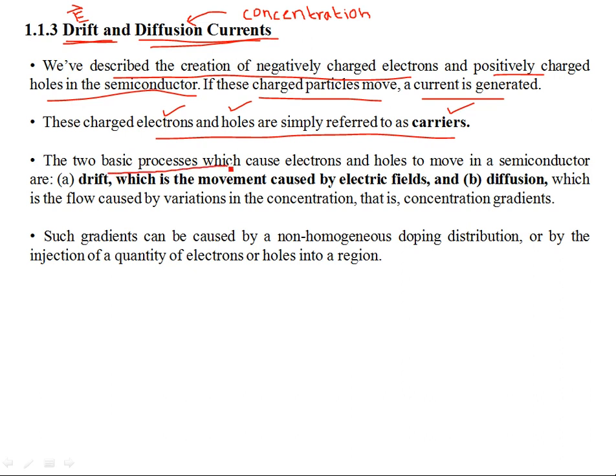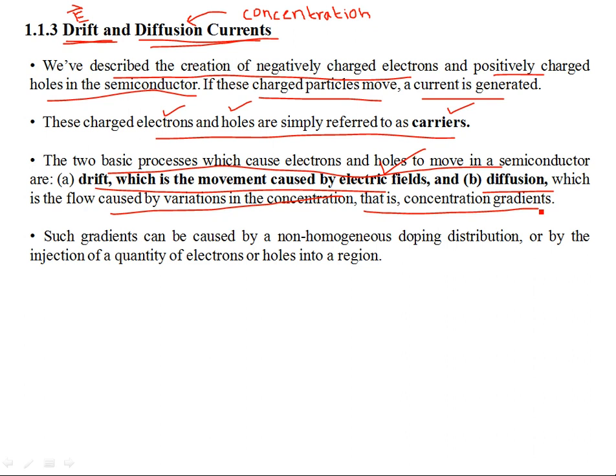The two basic processes which cause electrons and holes to move in a semiconductor are drift, which is the movement caused by the electric field, and diffusion, which is the flow caused by variation in the concentration, that is, concentration gradients.